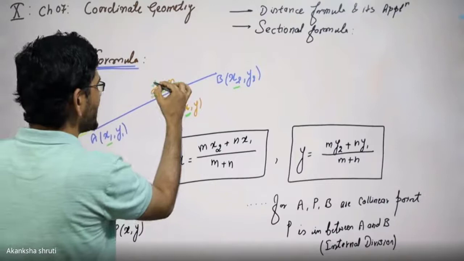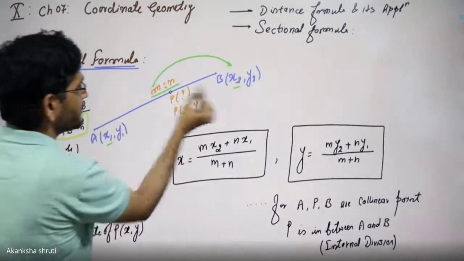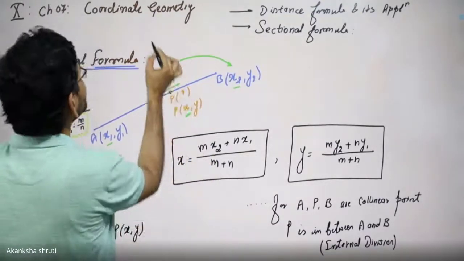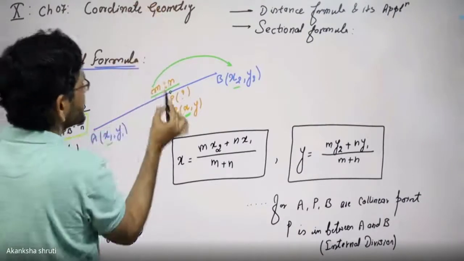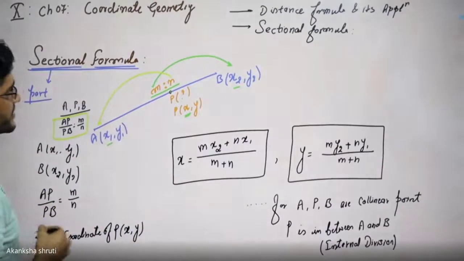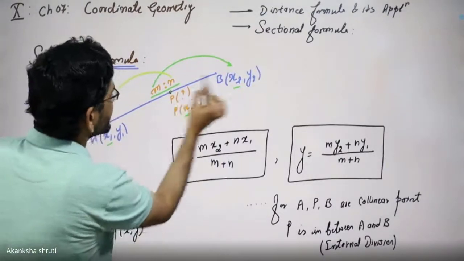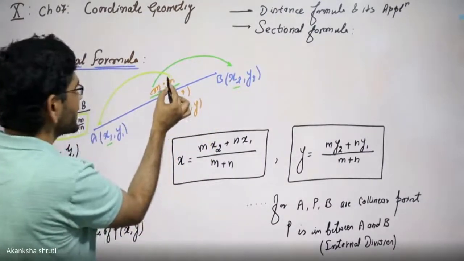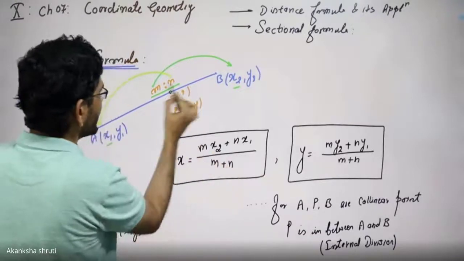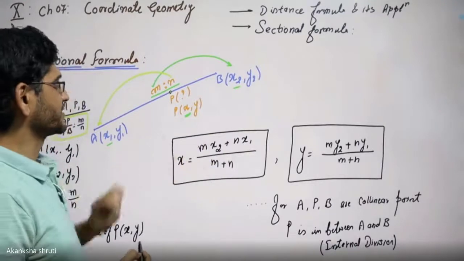So take this m, go on the other side. Means m x2 plus, then take this n and go on the opposite side. This is the way. So it becomes m x2 plus n x1 whole divided by m plus n. So this way the x coordinate of P we have written.